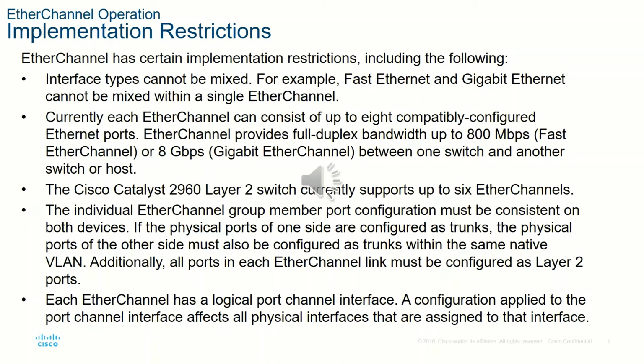Assume that you are configuring the EtherChannel between two switches. So at one end you are configuring the physical port as a trunk. At the other end, in the other switch, you also have to configure the physical port as a trunk. At both ends, the physical port should be configured as a trunk within the same native VLAN. Then only the EtherChannel communication will be successful.